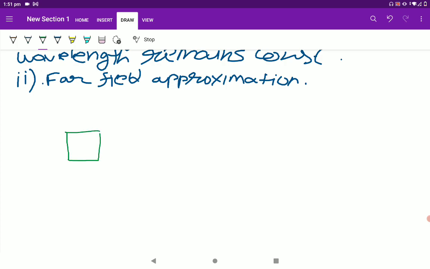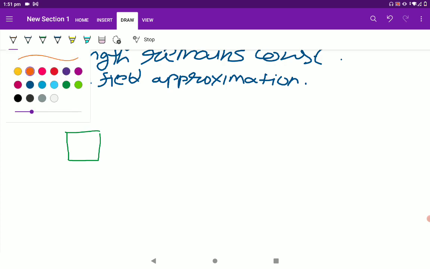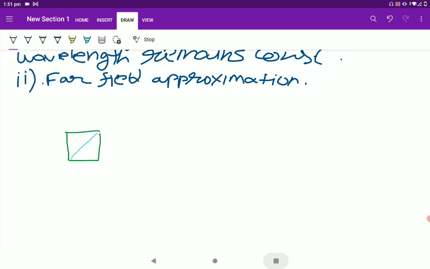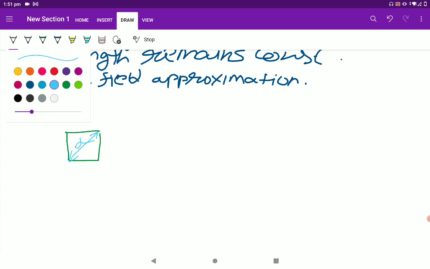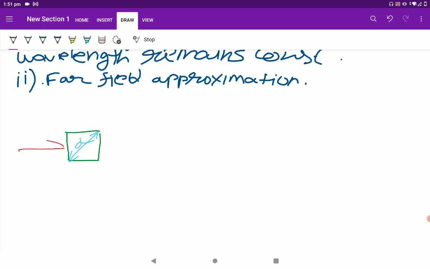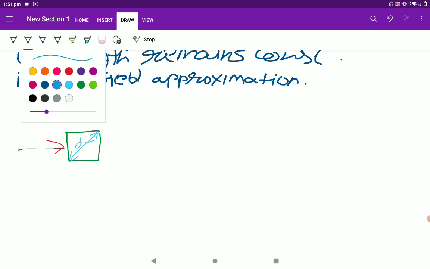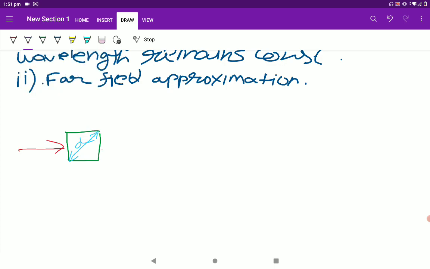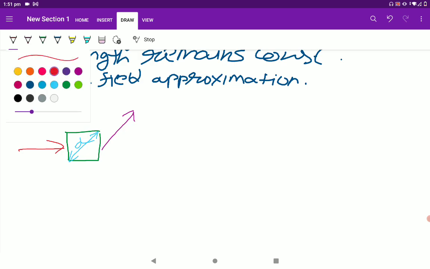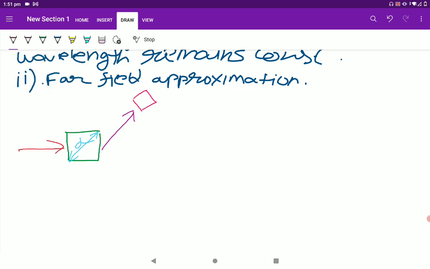So this is a crystal, and suppose this is the diameter of the crystal, and we are sending some waves here, and this is the incident wave, and this is the diffracted wave, and we have a detector located here at r distance. From the crystal, the detector is located at r distance.